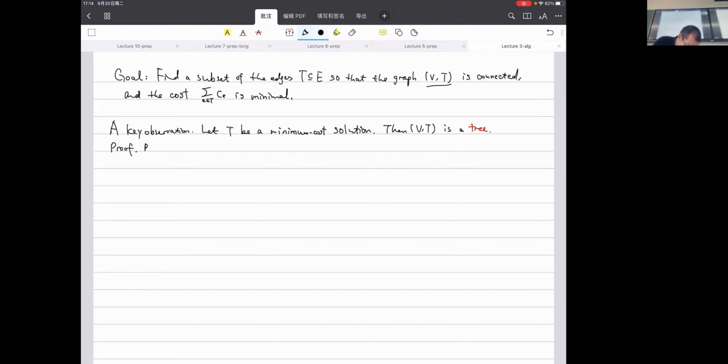By definition, (V, T) is connected. So if T is not a tree, then due to our discussion, being connected but not a tree suggests that it must have a cycle.